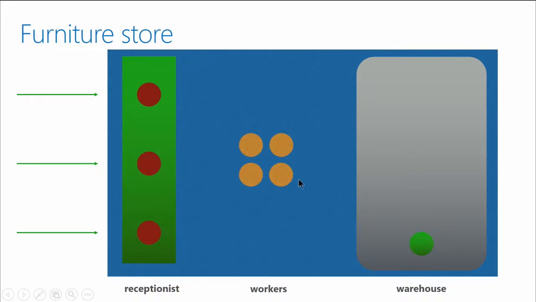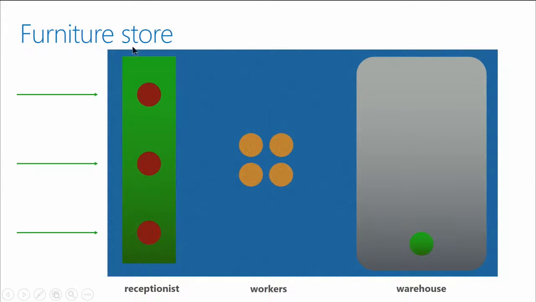In this example, we have 4 workers whose responsibility is to take the order form from the receptionist and then take it, in a lot of cases, to the warehouse. You can imagine that the warehouse would have a lot of cabinets with different parts of the furniture, like desk parts, table legs, different parts of the chair, all organized neatly in multiple cabinets.